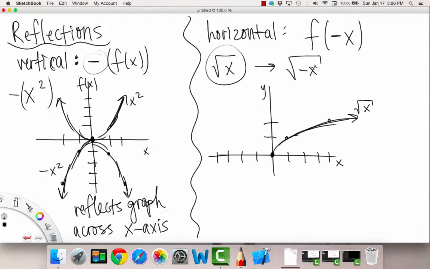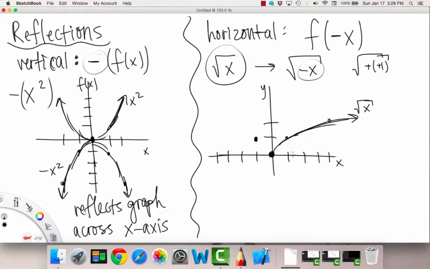Now that we have this negative sign in there, that basically flips everything across the y-axis. We know this because 0, 0 just stays there. But when you plug in a -1, we get the square root of -1's negation, square root of +1, which gives us out -1, comma 1.